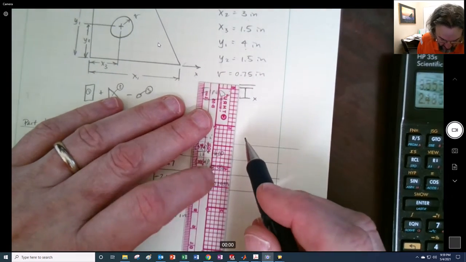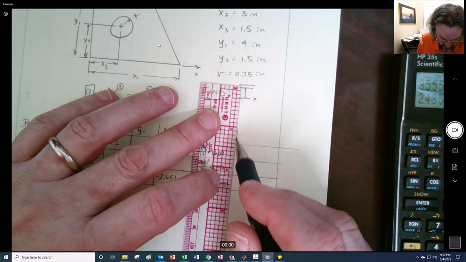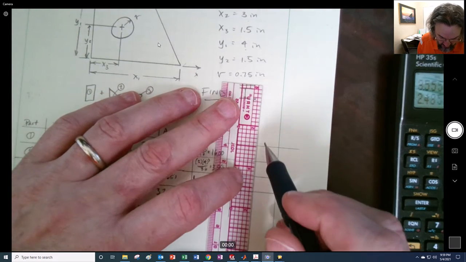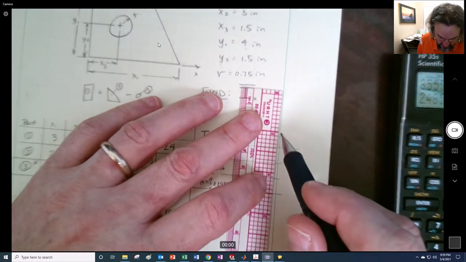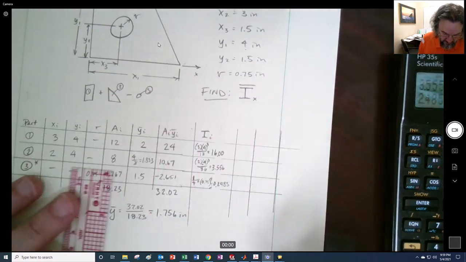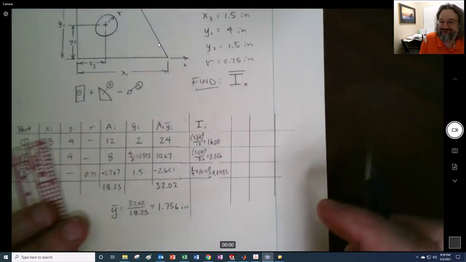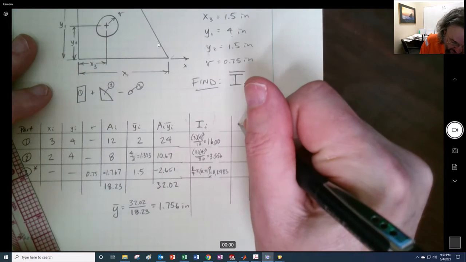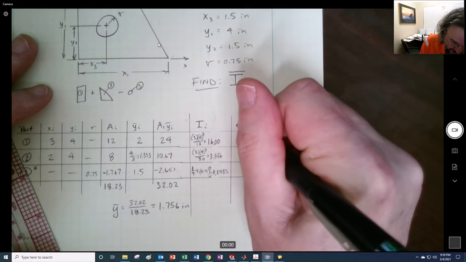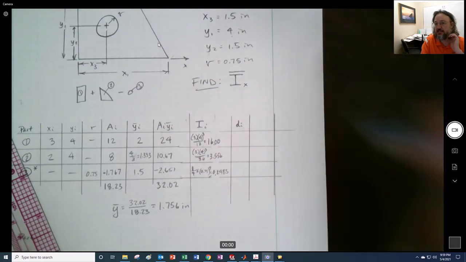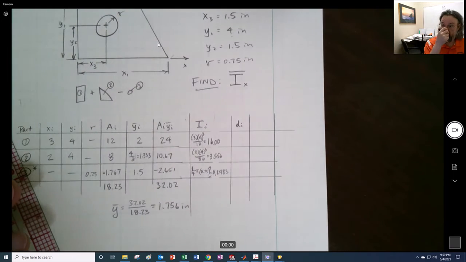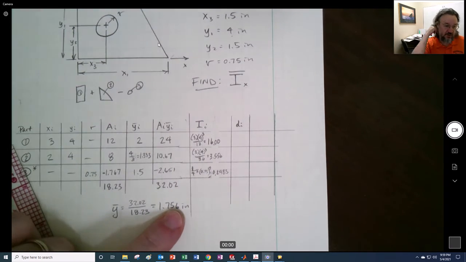All right, so I didn't do a great job of planning this out, because now I need another column. But here I'm going to have my DI. It's going to be the distance that this thing needs to move from its centroid to this centroid.